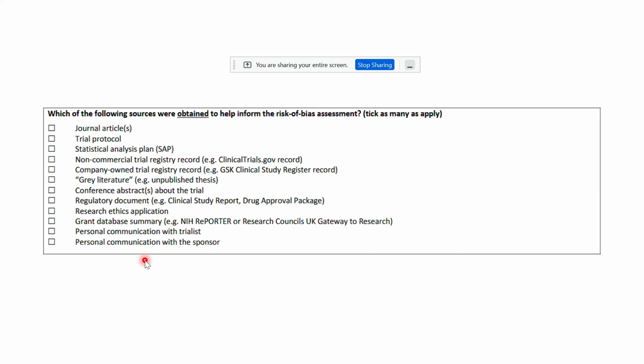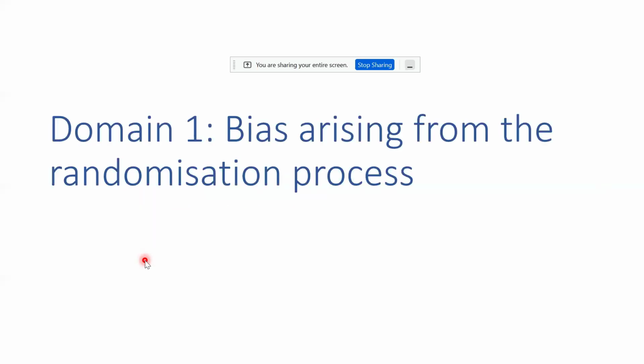Now we will move on to the actual risk of bias assessment algorithms. First of all, we come to domain one: bias arising from the randomization process. Before we start, I want to be clear that the RoB2 tool must be used only in the case of randomized trials.